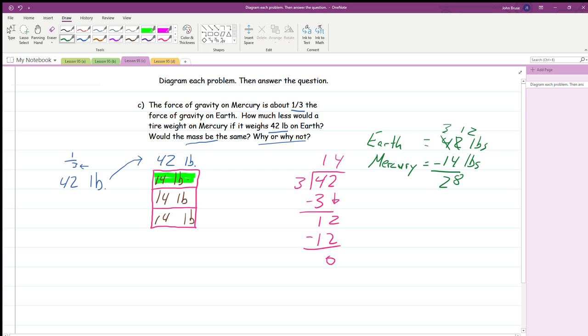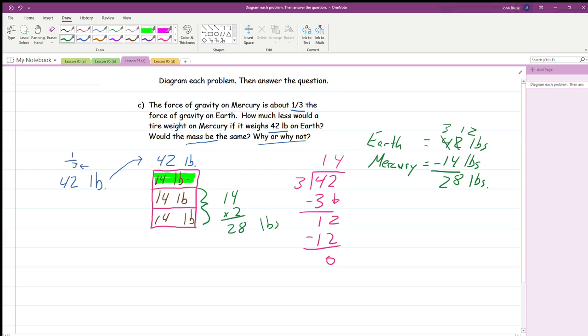So 28 pounds looks about right. So that's one way to do it. Another way to do it is we could just add these two, which is 14 times 2, which is also 28 pounds. So that's 2 ways.